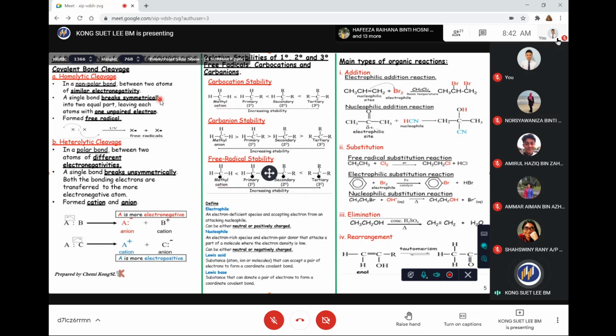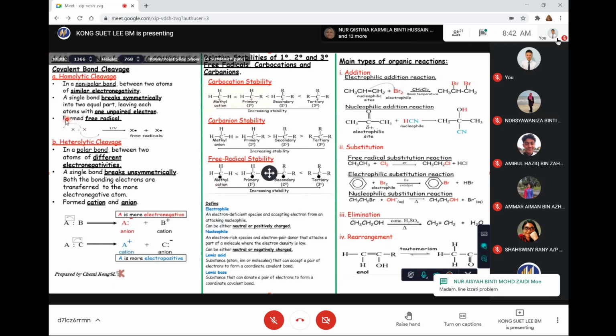It breaks symmetrically, and after it breaks, it divides into two equal parts. One unpaired electron forms, and the unpaired electron is called a free radical. The key point for this type of reaction is UV, hv, ultraviolet. Ultraviolet provides the energy for the homolytic cleavage to happen to form the free radical.